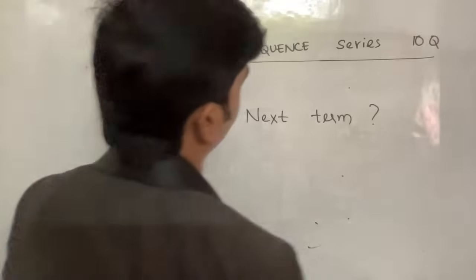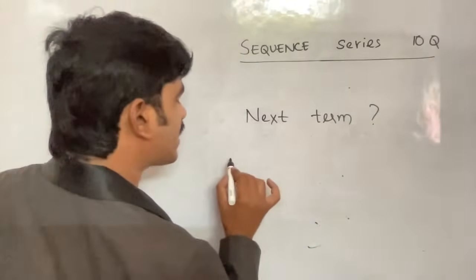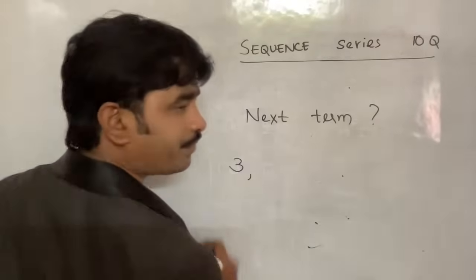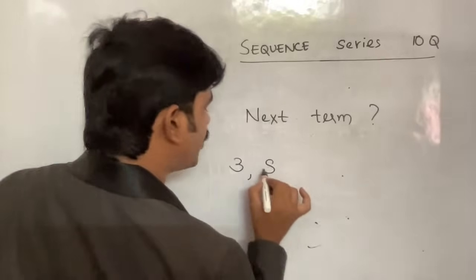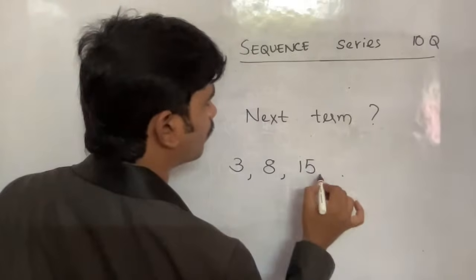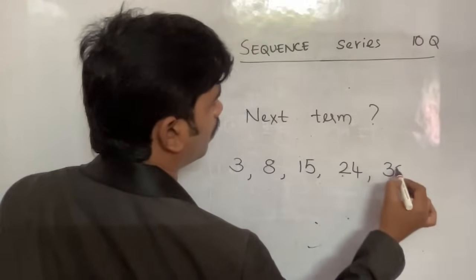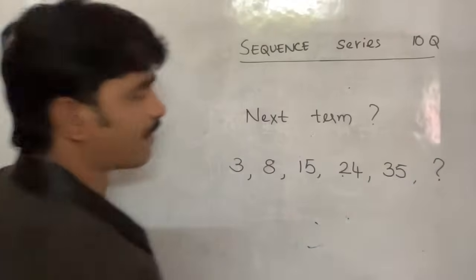in the given sequence. See, for example, the question is given like this. 3, 8, 15, 24, 35. What is the next term in the sequence?